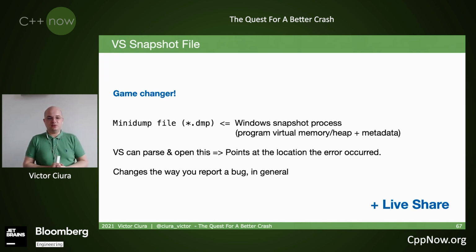So it really changes the way you can report a bug, or the way you can debug a mini dump file. Up until now, debugging mini dump files was really clunky, and I think the workflow using WinDBG is powerful, but it's a little clunky. So I'm a huge fan of the recent improvements in recent versions of Visual Studio.